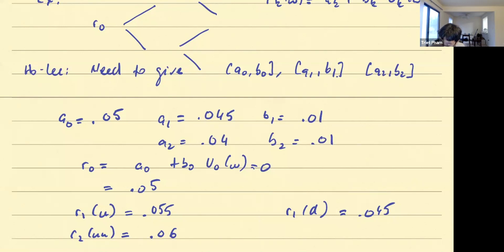R2UU is 0.06. R2UD will be 0.05. And R2DD will be 0.04. Is that okay?